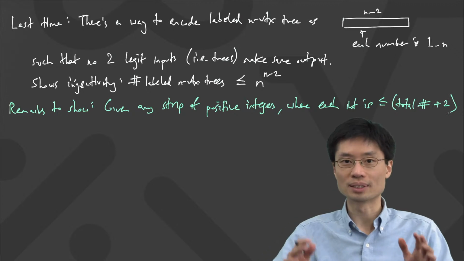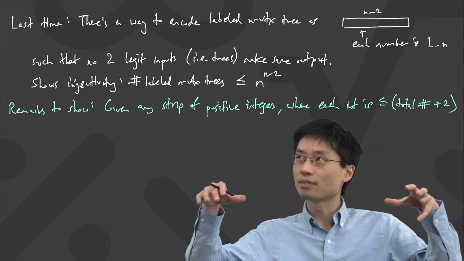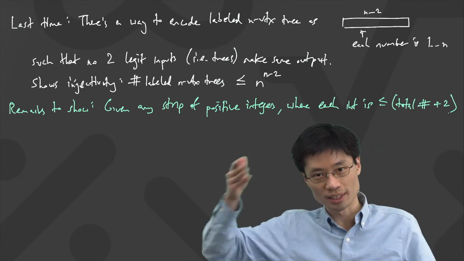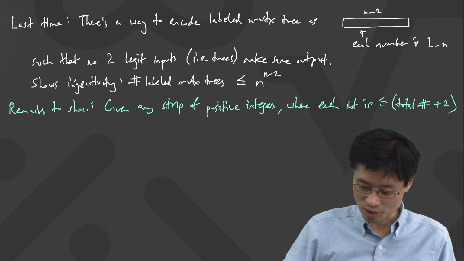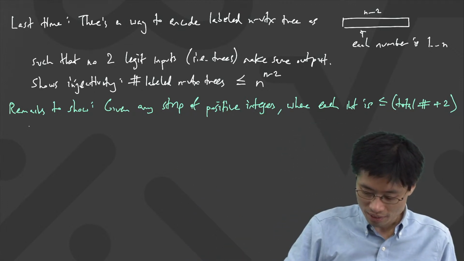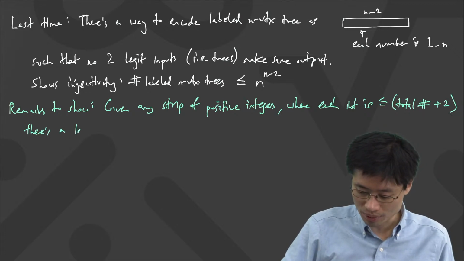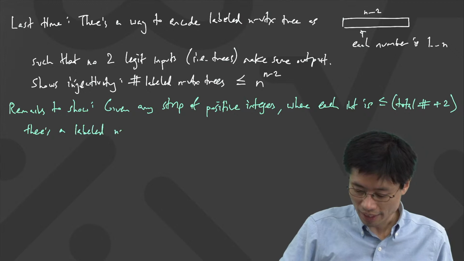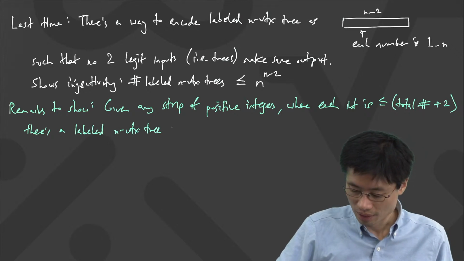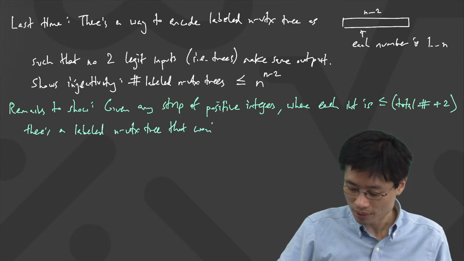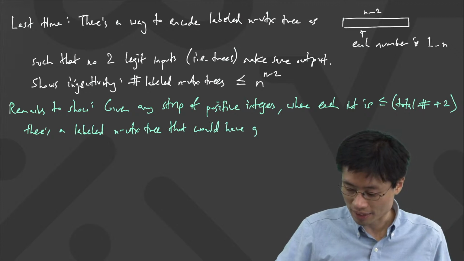That's what we just did here. We said that the number of vertices in the tree will be 2 more than the number of numbers in the strip. Given any such strip, there's a way, well, there's a labeled tree, an n-vertex tree, that would have given it.